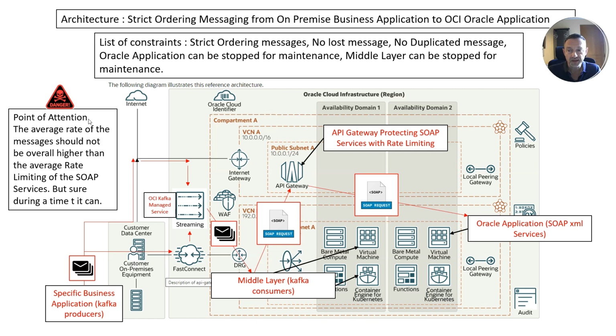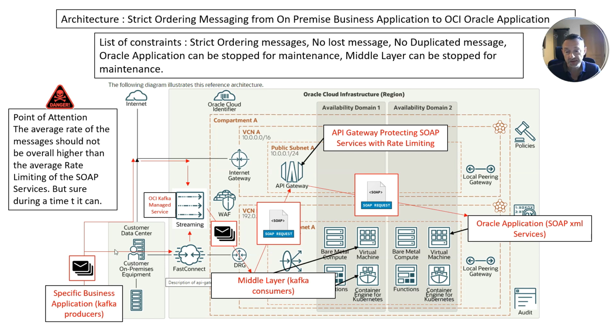But the point of attention is that the average rate of the messages should not be overall higher than the average rate of the SOAP service. If you send too many messages and you cannot consume them, then you will have a super big backlog and you will never be able to consume it.